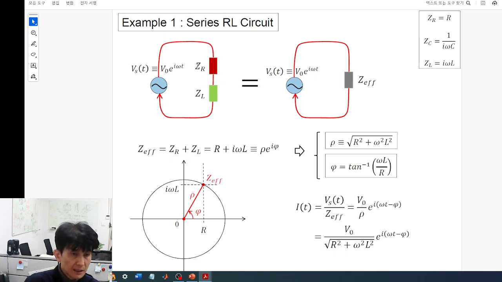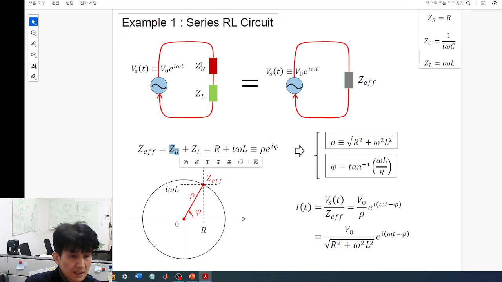Similarly, if we have one component ZR and one component ZL, the total impedance is just ZR plus ZL. Here ZR is the impedance for a resistor, ZL is the impedance for an inductor. As they are connected in series, we just add the two impedances together.